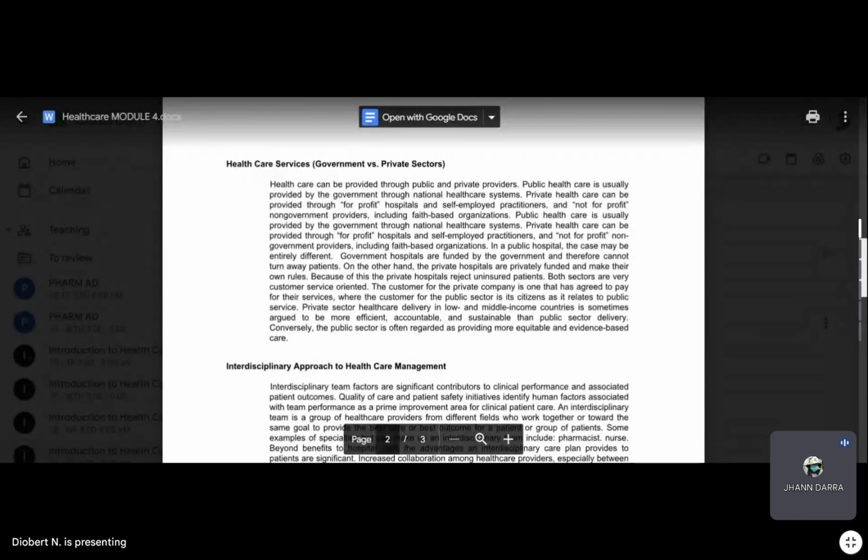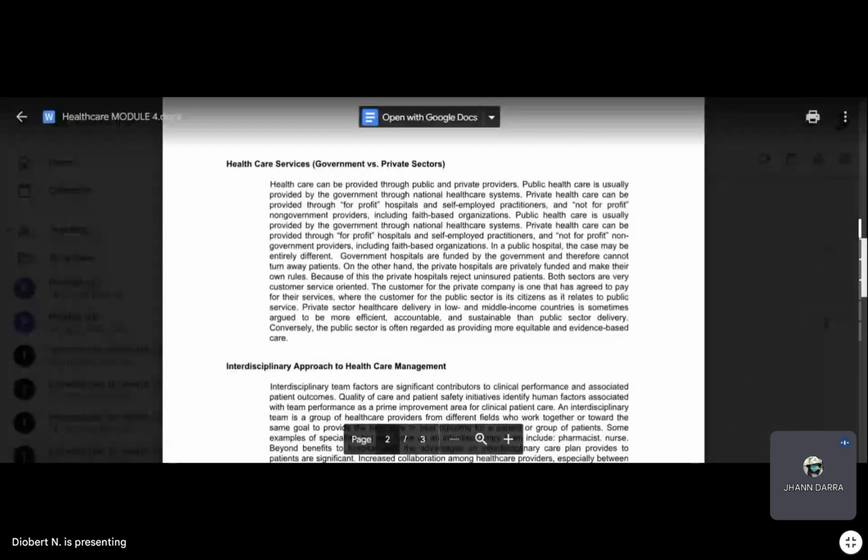An interdisciplinary team is a group of healthcare providers from different fields who work together toward the same goal to provide the best care or best outcome for a patient or group of patients. Some examples of specialties that can make up an interdisciplinary team include pharmacist, nurse.